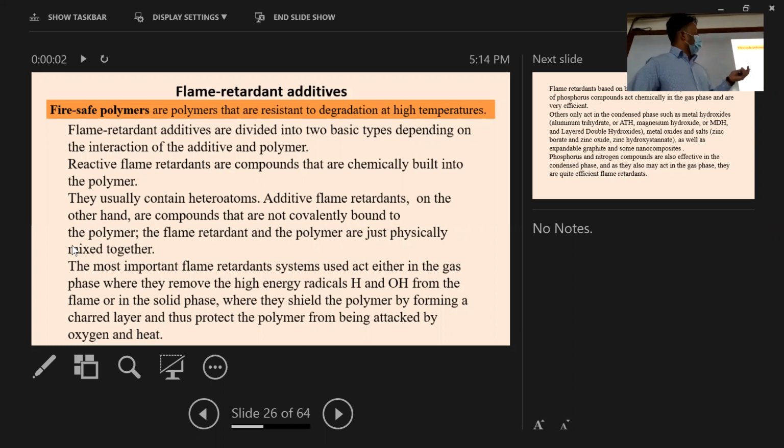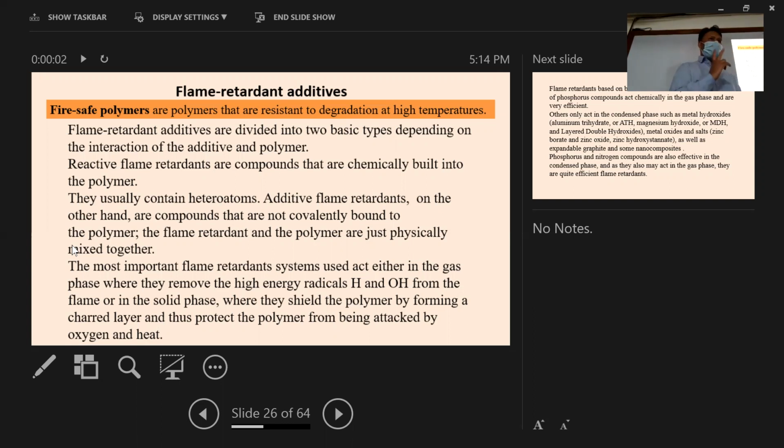Flame retardant additives are divided into two basic types depending on the interaction of the additive and polymer. Here we have two different types. The polymer itself can be fire retardant, or we can add some other ingredients to make it fire retardant.